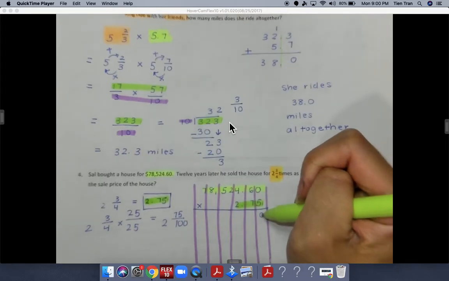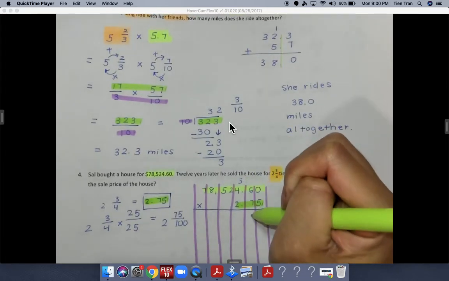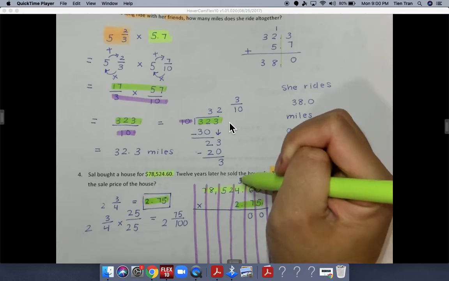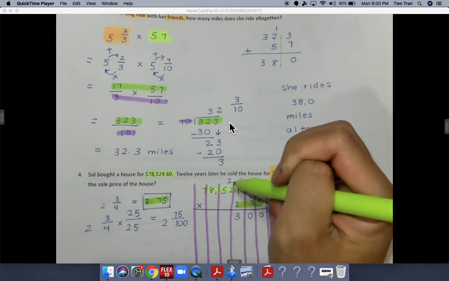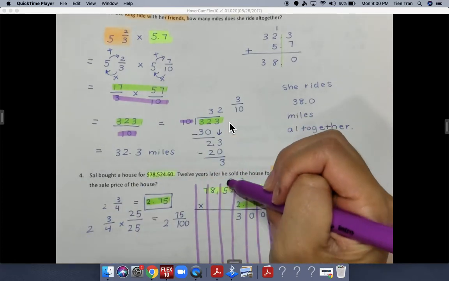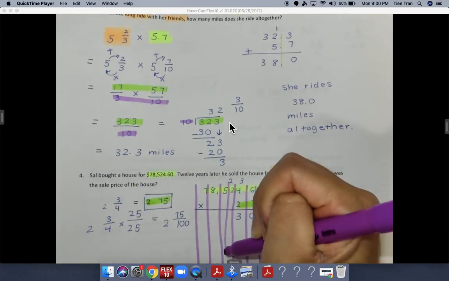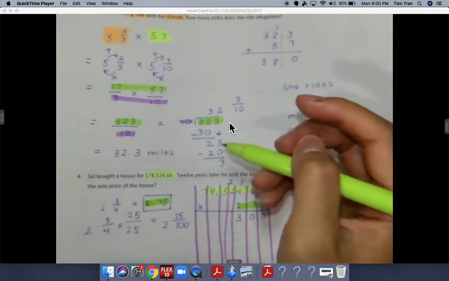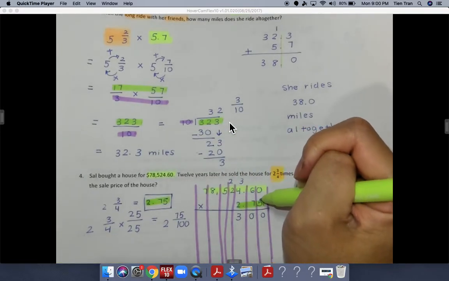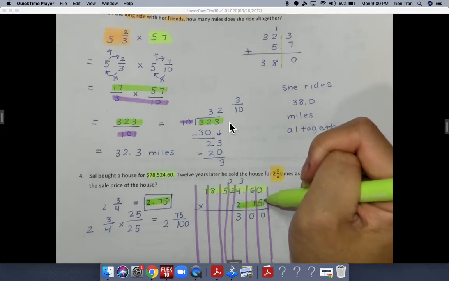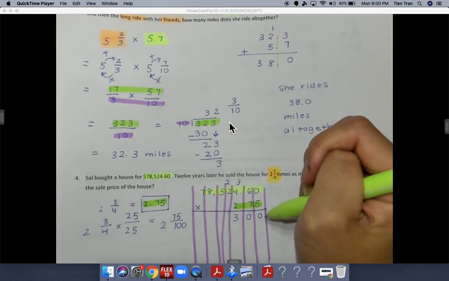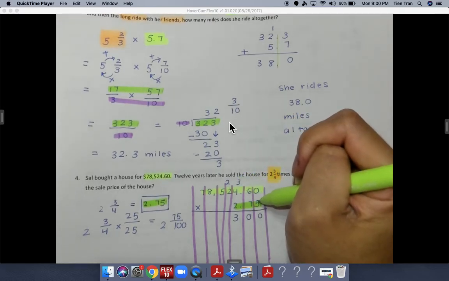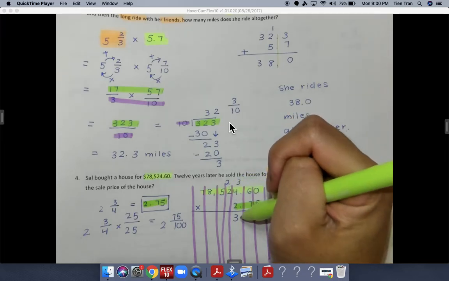5 times 0 is 0, 5 times 6 is 30, 5 times 4 is 20, plus 3 is 23. Oh, I forgot to draw a line right here. That is very messy. Even I'm confusing myself.